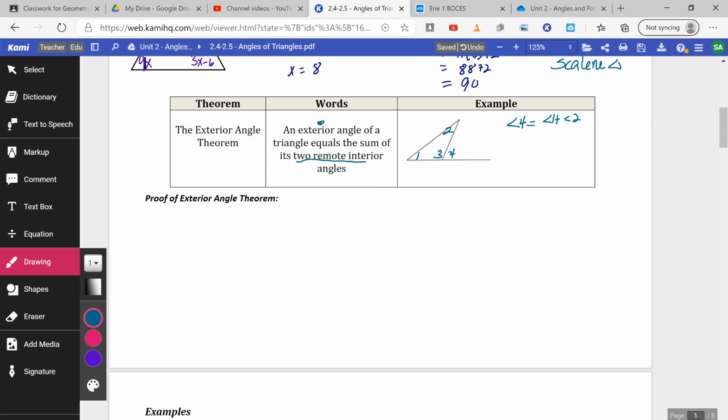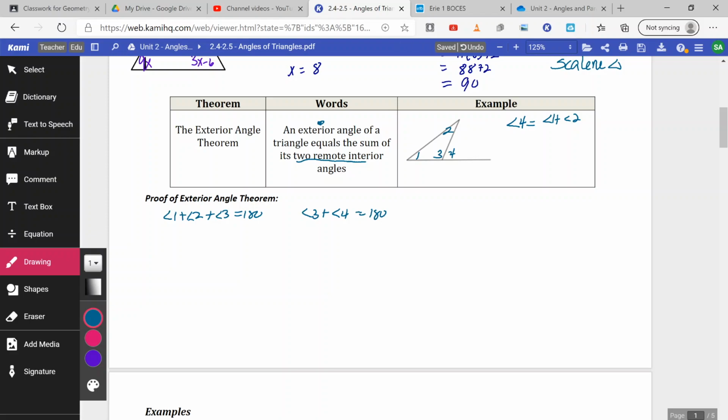So if I take the same triangle up here, we know that if I add up the three angles of a triangle, angle 1 plus angle 2 plus angle 3, I'm going to get 180 degrees. Based on the fact that I have an extended line over here, I know if I add the two angles here, that angle 3 plus angle 4 is also going to give me 180.